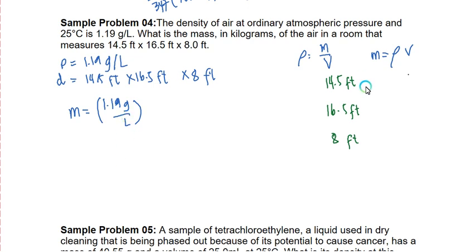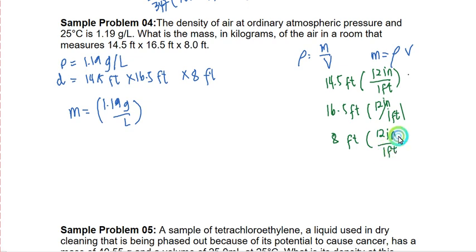So we have 14.5 feet. I will multiply by 12 inch per foot. Same here, we have 12 inch over 1 foot.